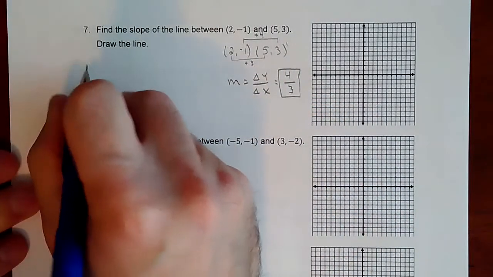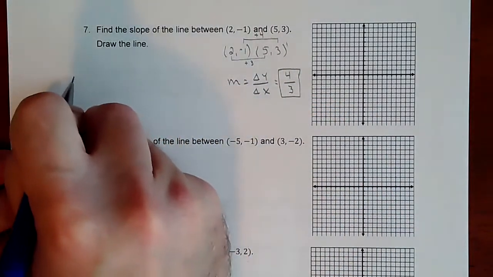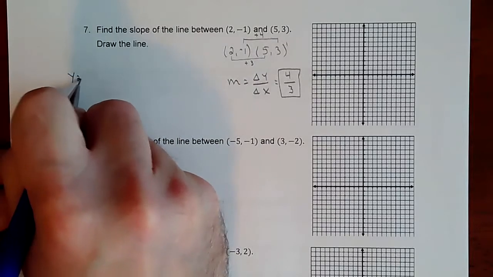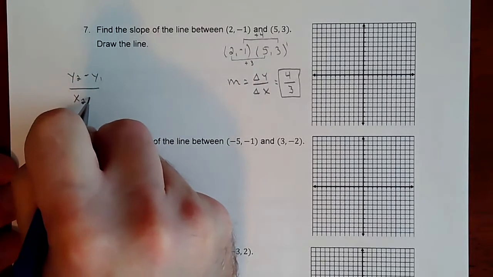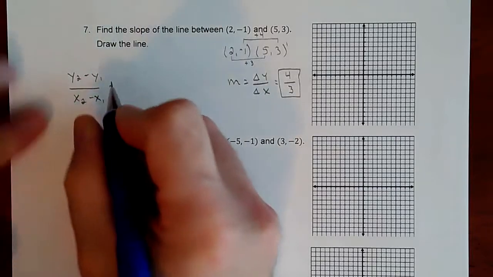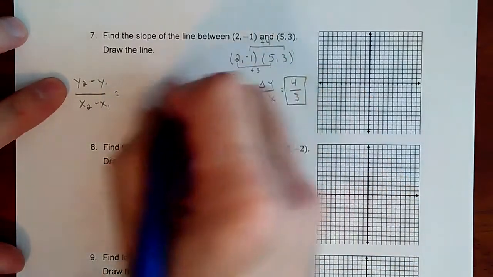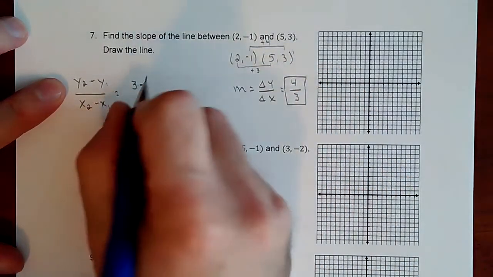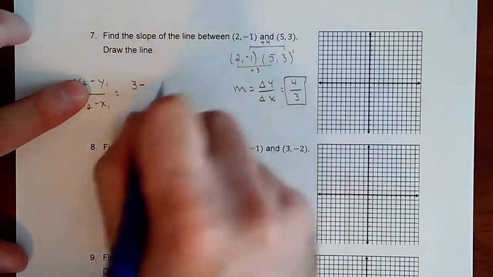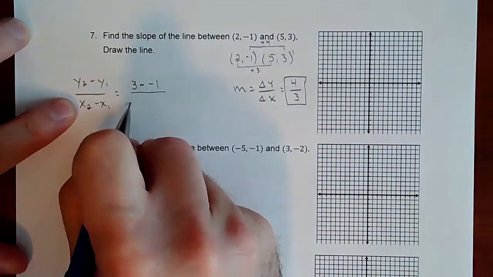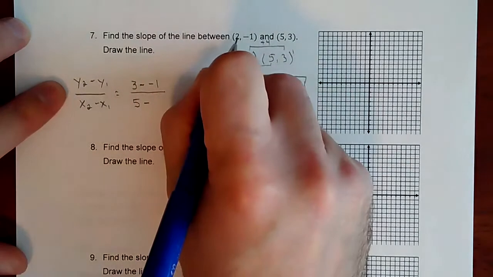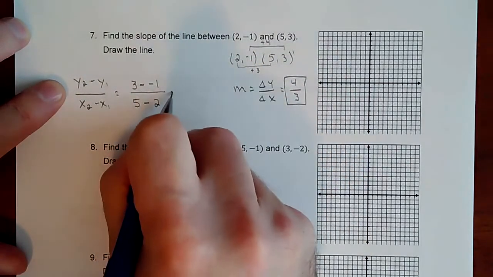If you wanted to do the formula version of this, y2 minus y1 over x2 minus x1, you would have your second y value, which would be 3, minus your first y value, which is -1, and then my second x value minus my first x value.